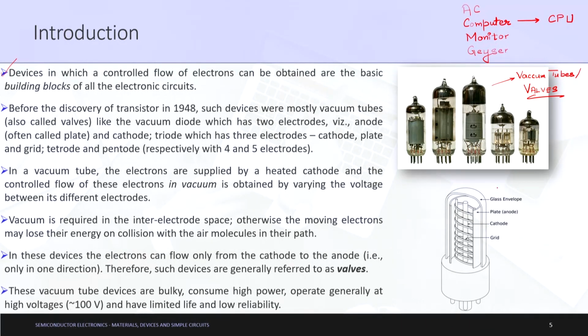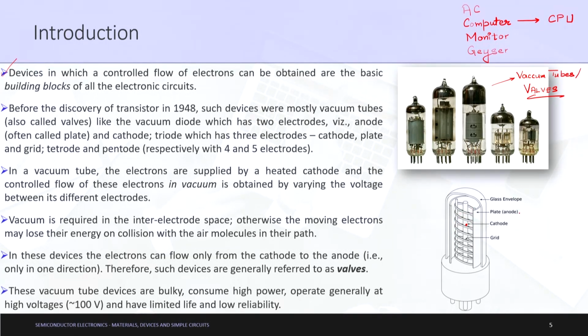This is one of the scientific diagrams of your vacuum tube, in which you can see a plate, that is the anode, and a cathode. This outer covering is nothing but the plate, and this inner part is your cathode. You can also see grids forming here. So, this can be explained as an example of a triode.